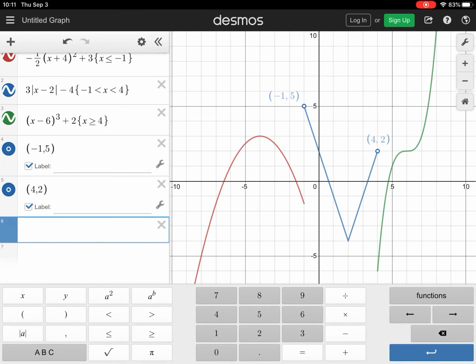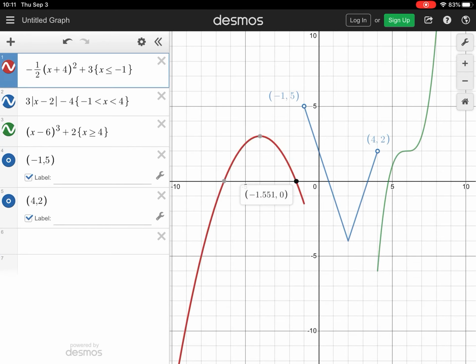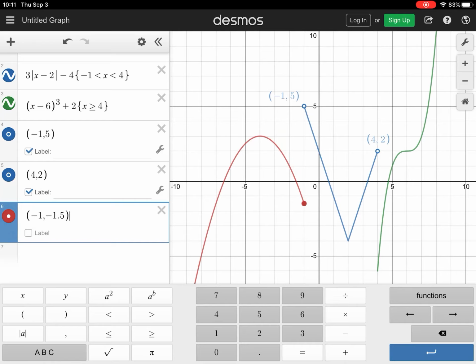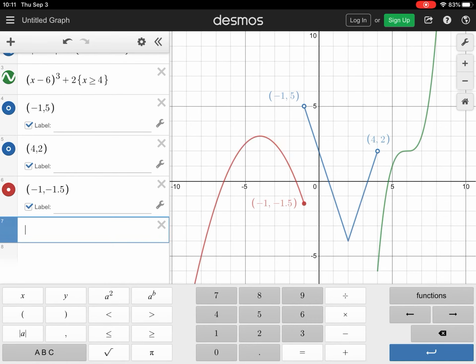Then if you're feeling extra above and beyond, you are welcome to figure out what is the point at the end here. So -1, -1.5. And I'm going to leave that one like that because it is a filled in circle.